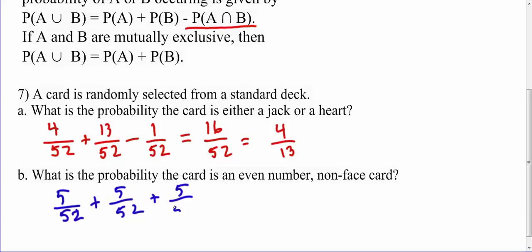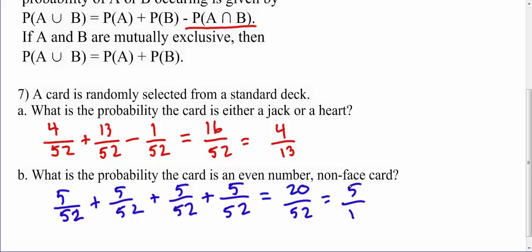Diamonds, hearts, whichever one I'm missing, that one would also be 5 52nds. The grand total here would be 20 52nds, or you could divide both those numbers by 4, and we'd have 5 13ths.